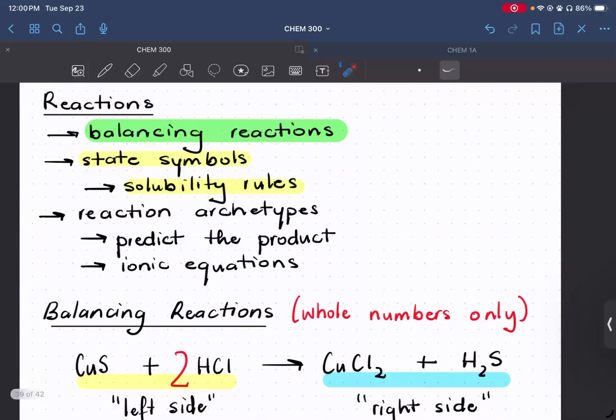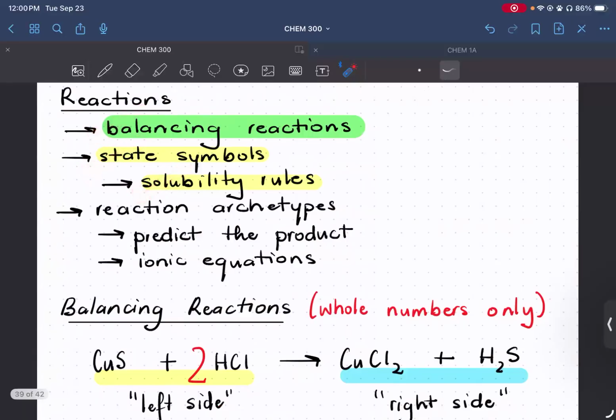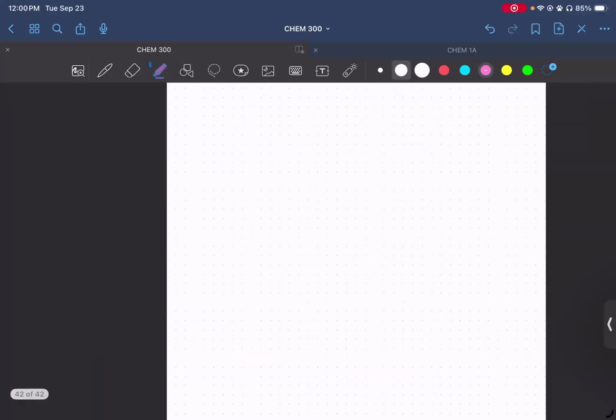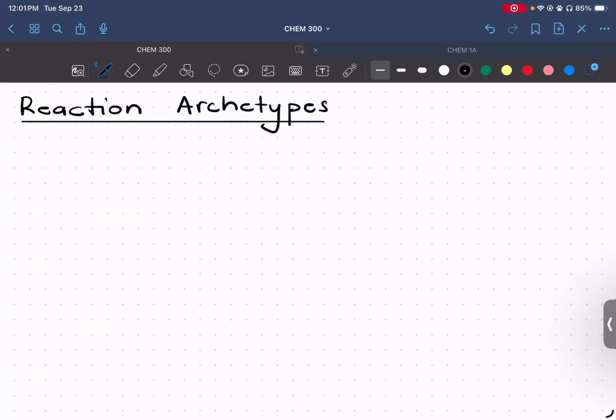All right, so that takes care of balancing reactions, state symbols, and solubility rules. The next one we are going to cover is, of course, reaction archetypes. Reaction archetypes are just broad classifications of reactions that ultimately help us predict products.